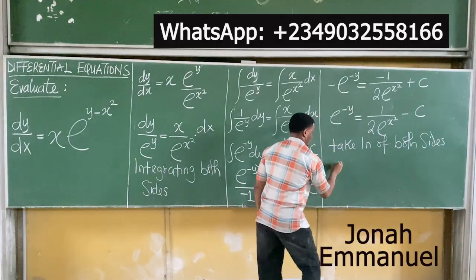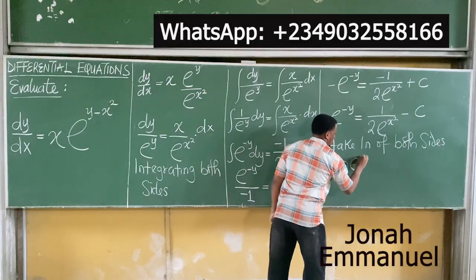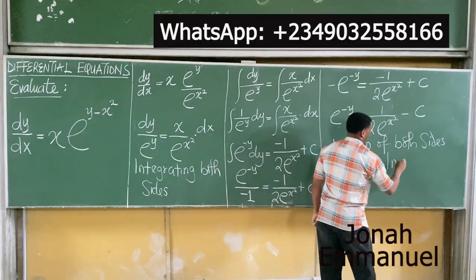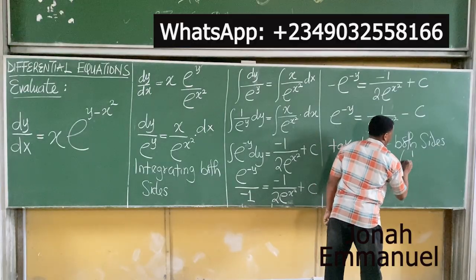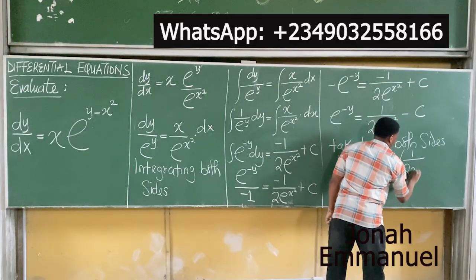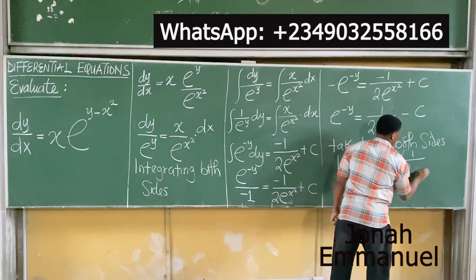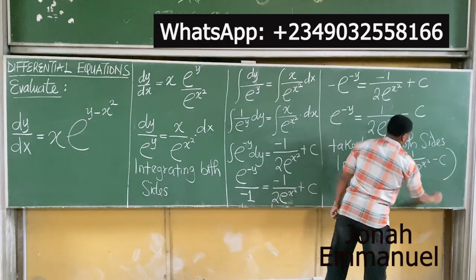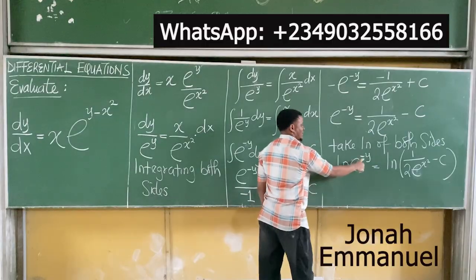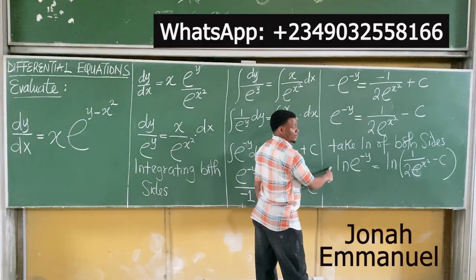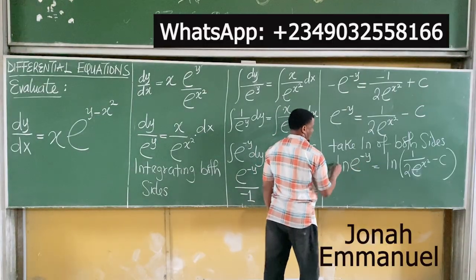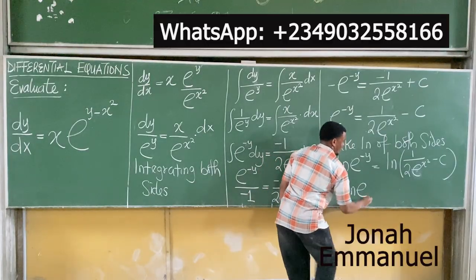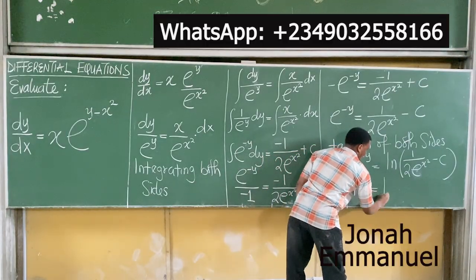You have ln exponential minus y equal to ln of 1 over 2 exponential x squared minus c. Of course, this power comes down here. If I take ln of exponential, the power comes down. So you have minus y ln exponential is equal to all of this.